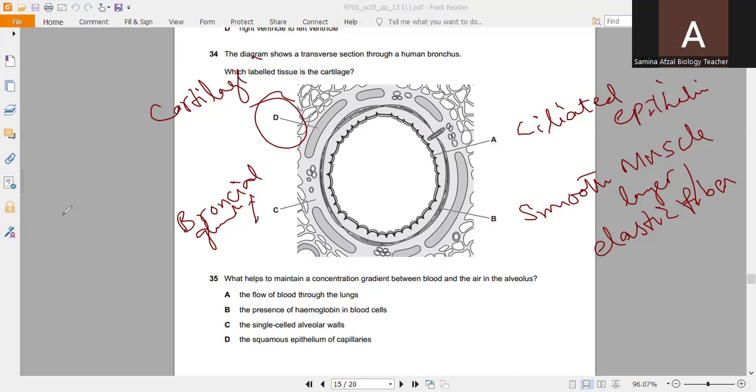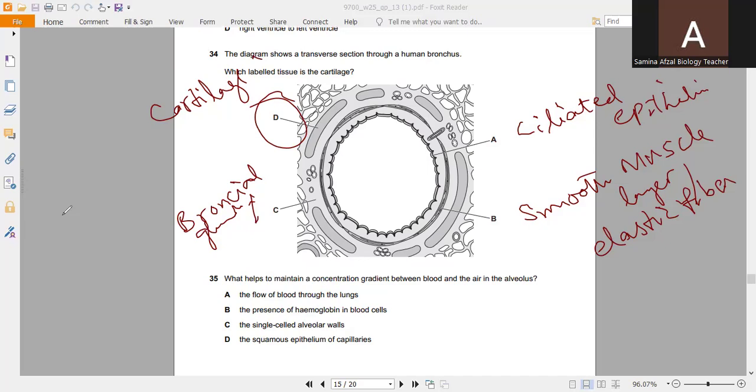First of all, for continuous passive diffusion of gases across the respiratory membrane, a steep concentration gradient must be actively maintained. As oxygen diffuses from the alveoli into the capillary blood, the newly oxygenated blood is rapidly moved away by the continuous flow of blood through the pulmonary capillaries, being replaced by deoxygenated blood.